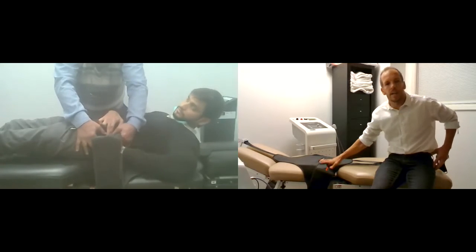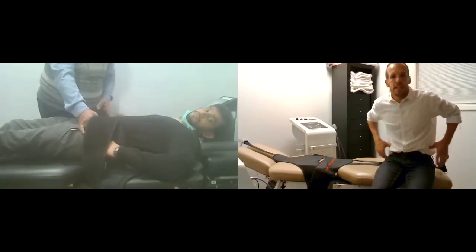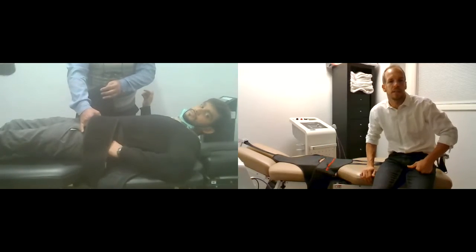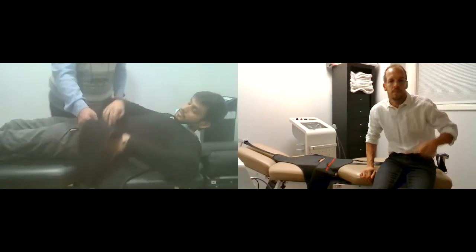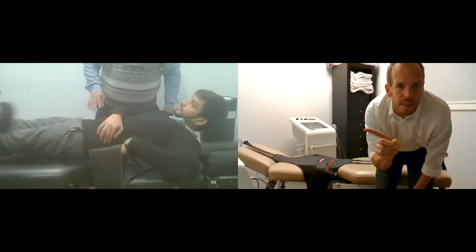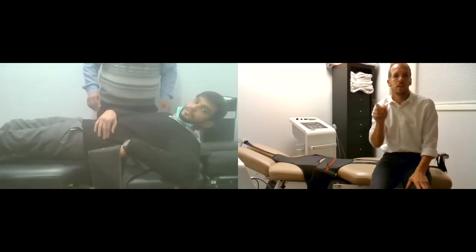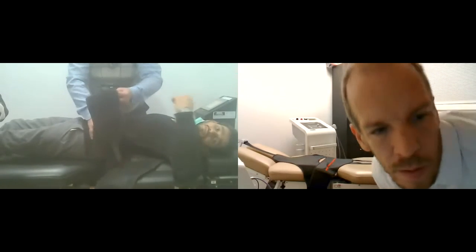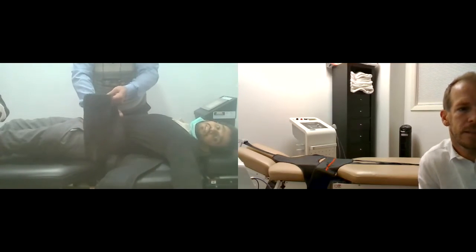The harness stays. He's going to slide up or down until we get the iliac crest with the top of this pelvic harness. Looks like he needs to go up just a tiny bit. Mr. Khan, this red line is now in line with the ASIS. Yes.